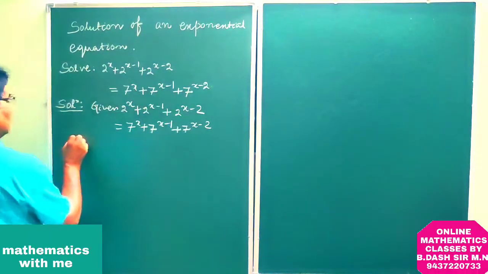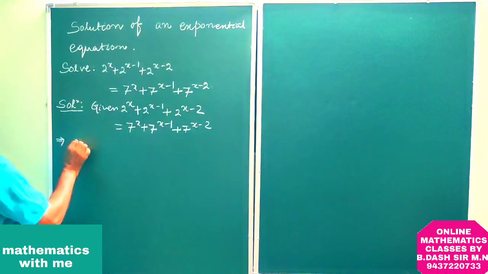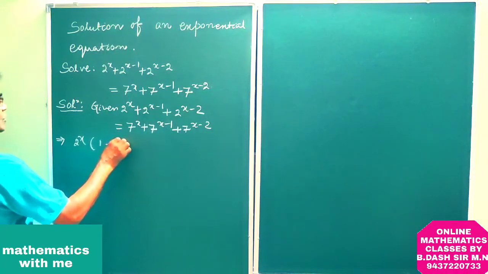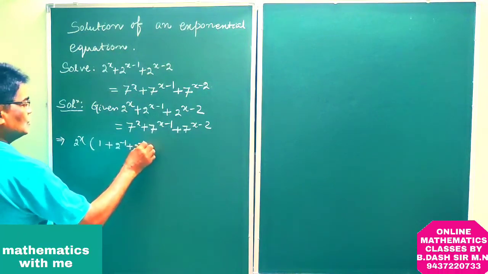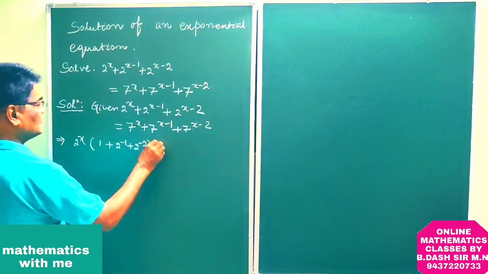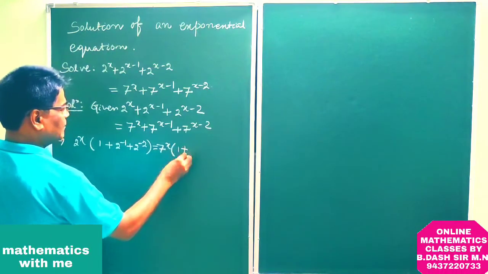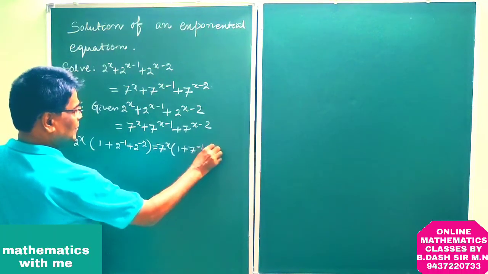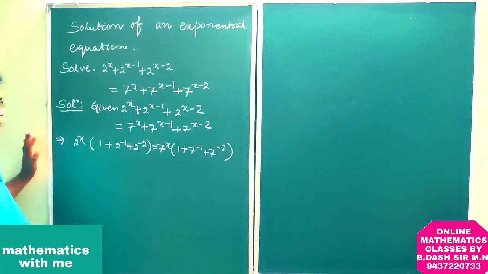So, this implies 2^x common: 2^x (1 + 2^(-1) + 2^(-2)) = 7^x common: 7^x (1 + 7^(-1) + 7^(-2)).